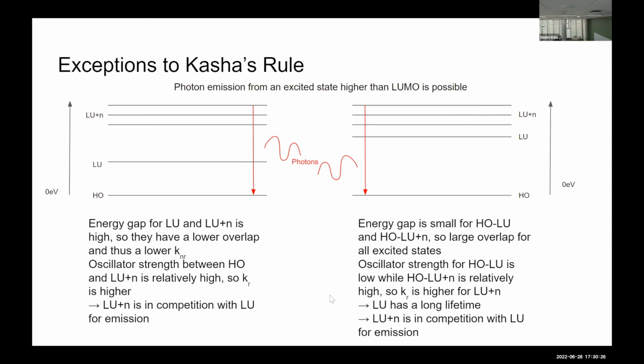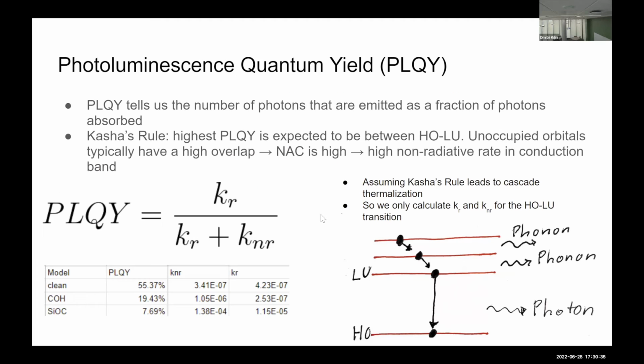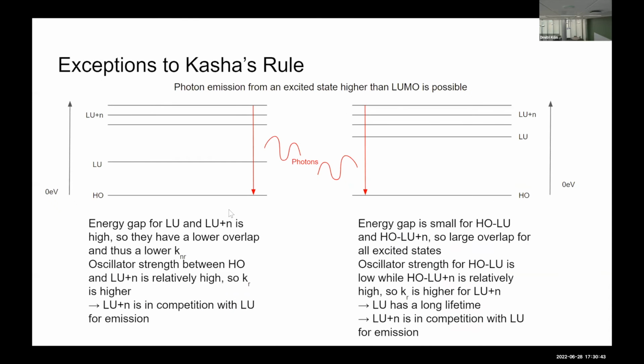So we also have some exceptions to Kasha's rule that we have to worry about. I outlined how we would get these exceptions, but what it's playing with is if you want to adjust what KR and KN are in order to get emission from a different level.